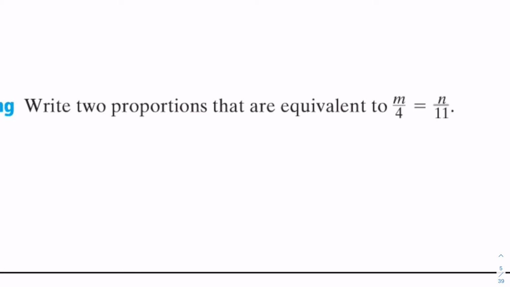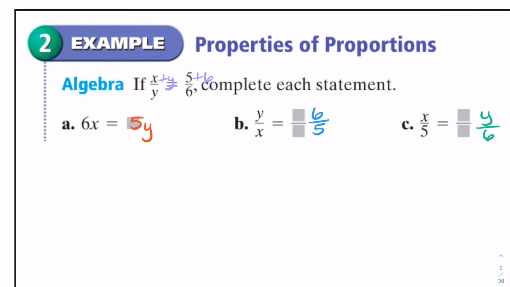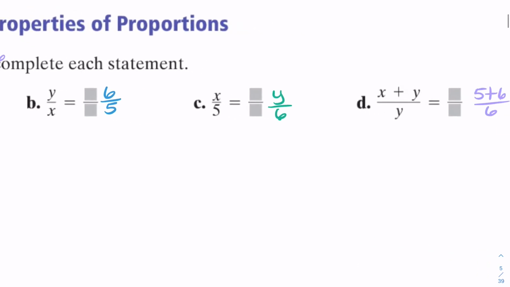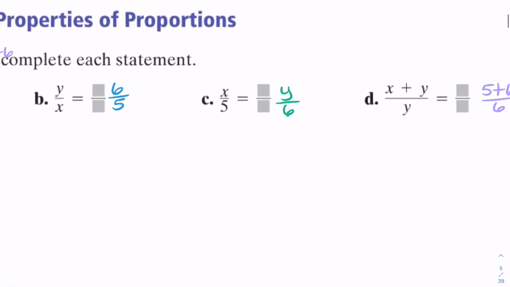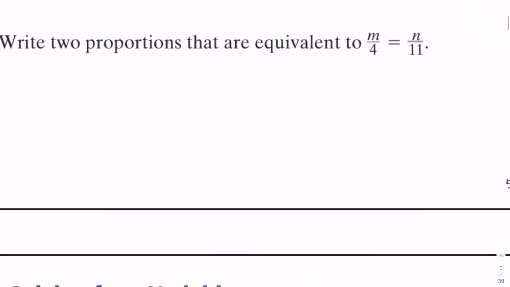All right? This next problem, write two proportions that are equivalent to m over 4 equals n over 11. So equivalent proportions need to be ratios. So we can't do our cross product property. We have to do something like B, C, and D, but A, we can't do A because it's asking for it to be a proportion. So what I'm thinking is we can do 4 over m. We can just flip both sides. 11 over n.